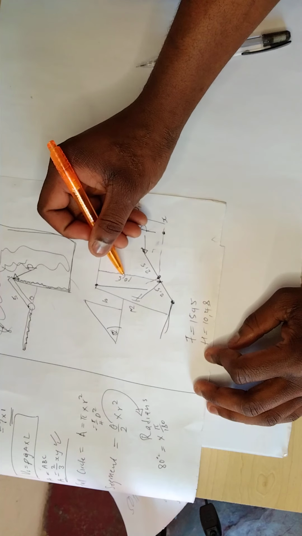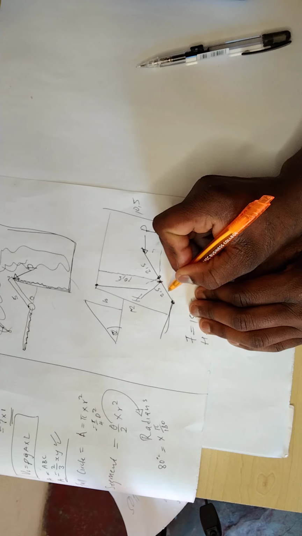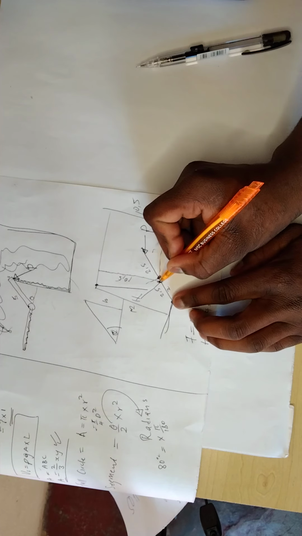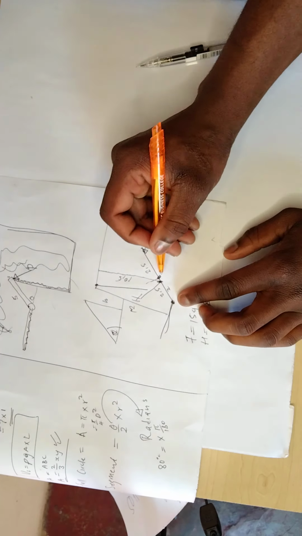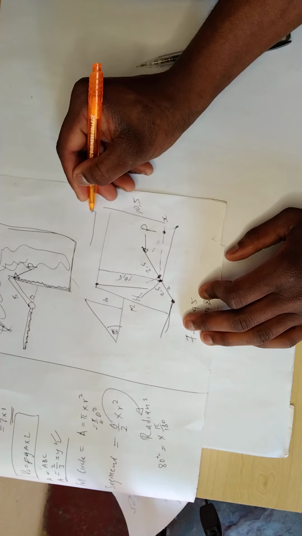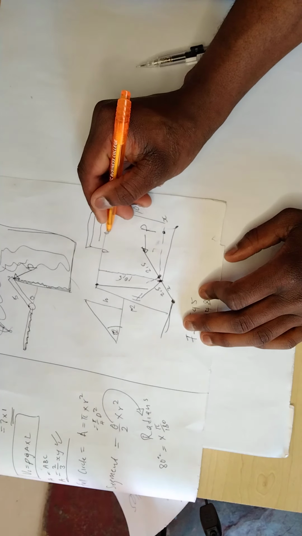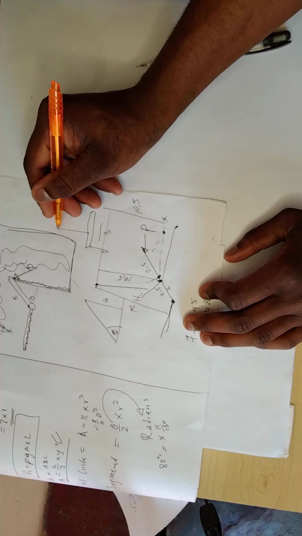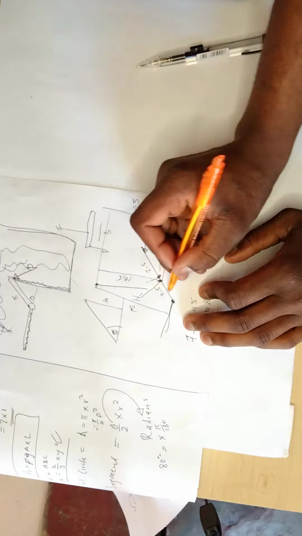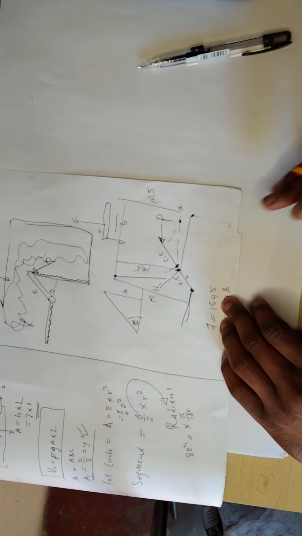Then it means you have to find a new value here, because from here to here is 2.5, but from here to here is not 2.5. Then you have to make another calculation to get this length. So this length is going to help you on your beam. When you have a beam like this, this is your P, and you have 3, and you have F. F is this force, but this force does not act at the distance of 2.5. It acts at the distance of x. So you have to find x, then you're going to get your P.